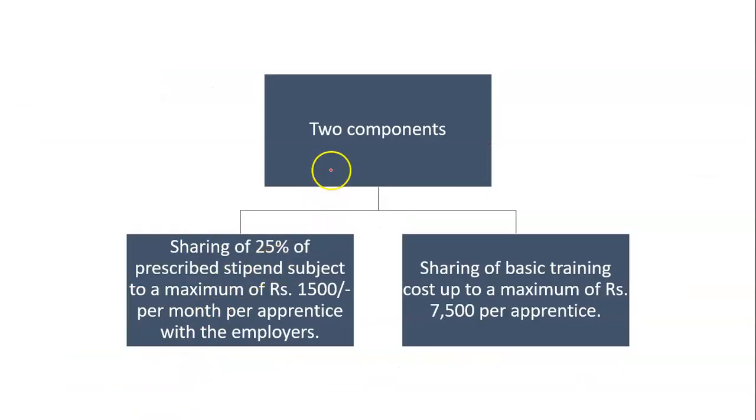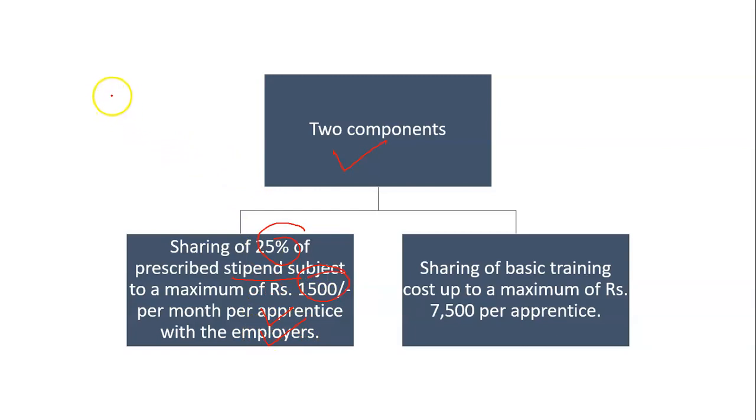Now there are 2 components under this scheme. In the first component, there is sharing of 25% of the prescribed stipend, subject to a maximum of rupees 1500 per month per apprentice, with the employer.